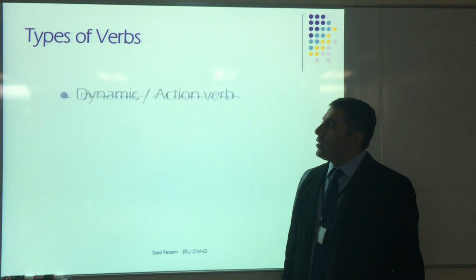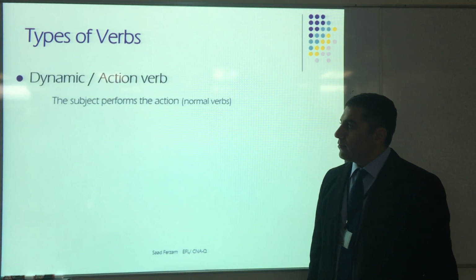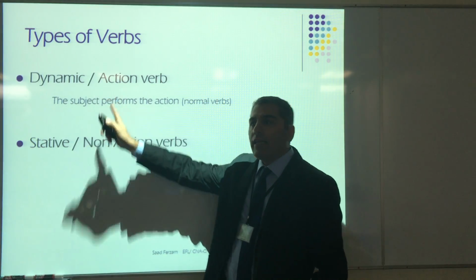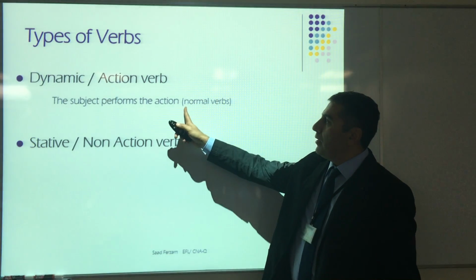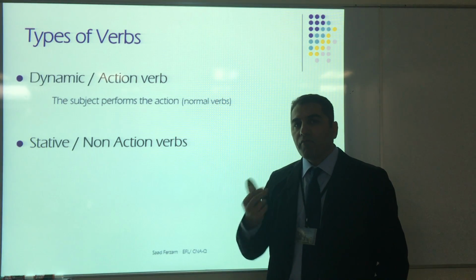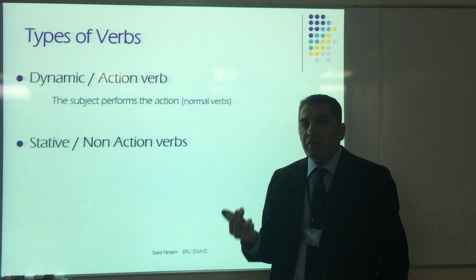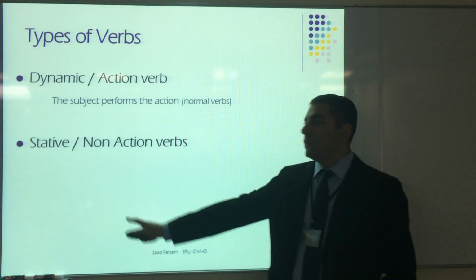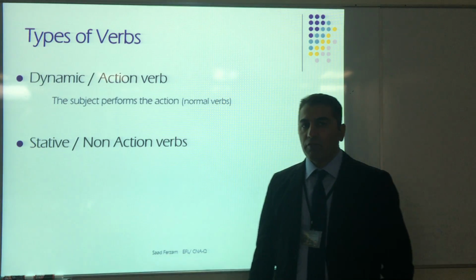Now, in general, verbs are of two kinds. One kind is what we call action verbs or dynamic verbs. That means with these verbs, the subject is actually performing some action or moving something or doing something. The other kind is what we call stative or non-action verbs.